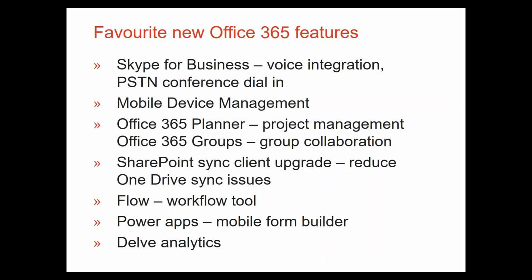So when I create a Skype for Business meeting and I share that either internally or externally, it automatically has a phone number embedded in the email so that people dialing into the meeting that don't have a computer or don't have access to Skype for Business can just dial in over the phone. That is a really good feature, and a lot of people are actually paying a fair bit for third-party webinar tools that this could potentially replace.